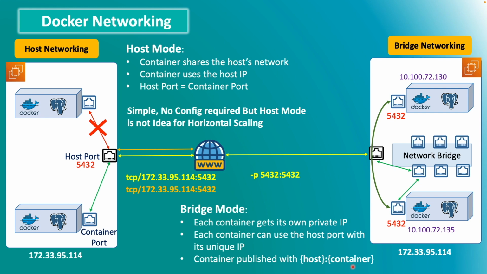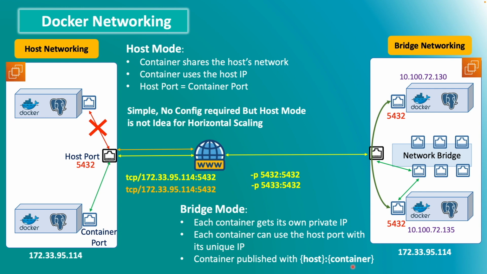For the second container, we won't be able to use the port 5432 as host port in the port mapping because the port is already used. We will use 5433 as host port. That means host port will be dynamic and it will be assigned based on the container launch sequence.